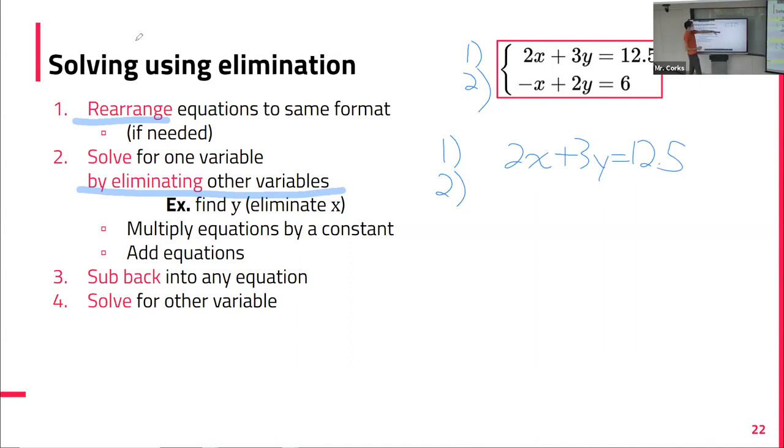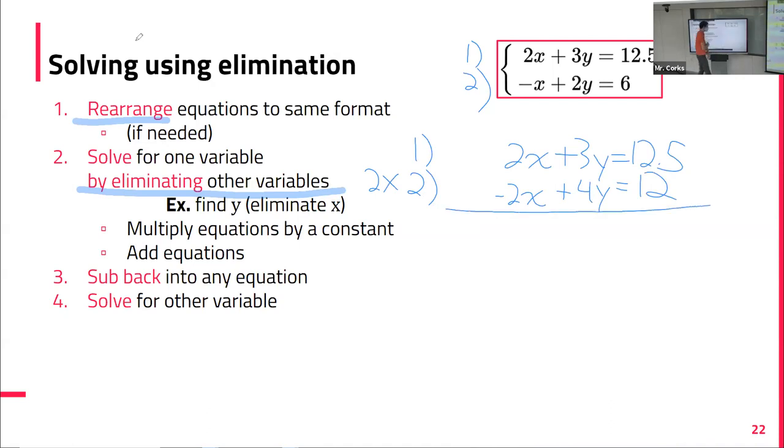And what would we do with the second equation here? 2 times the second equation. So multiply that by 2. So 2 times the second equation. So that's negative 2x or y equals 12. And then we are adding these. Why are we adding?